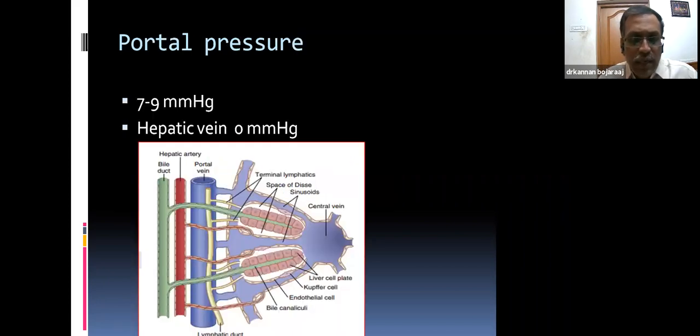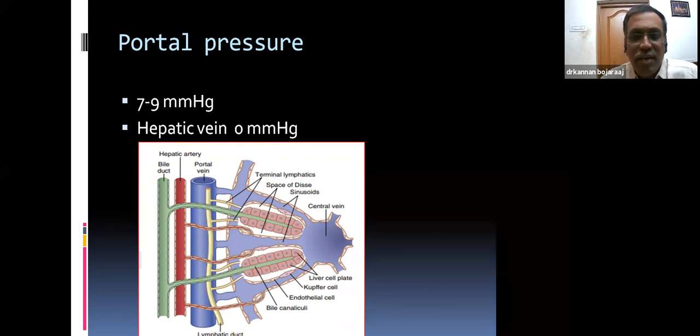See this, there is a gradient. The portal vein has a venous pressure of roughly 7 to 10 millimeters of mercury. And what is the pressure in the hepatic vein?